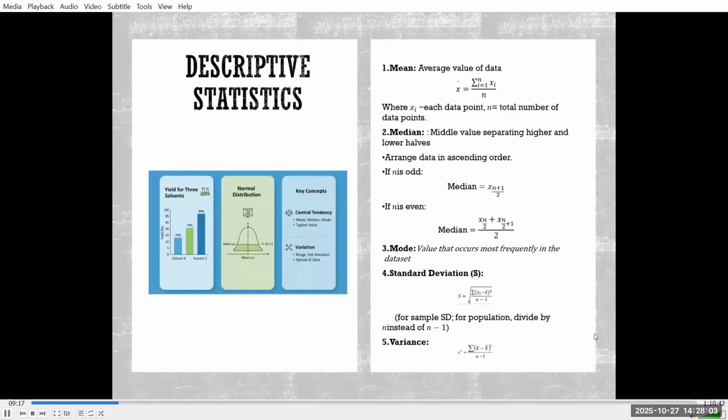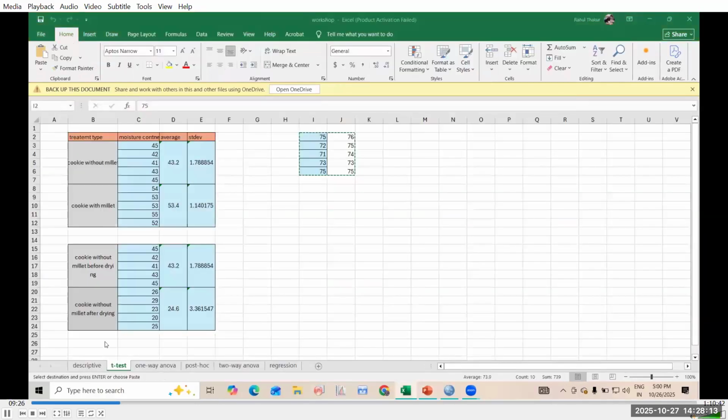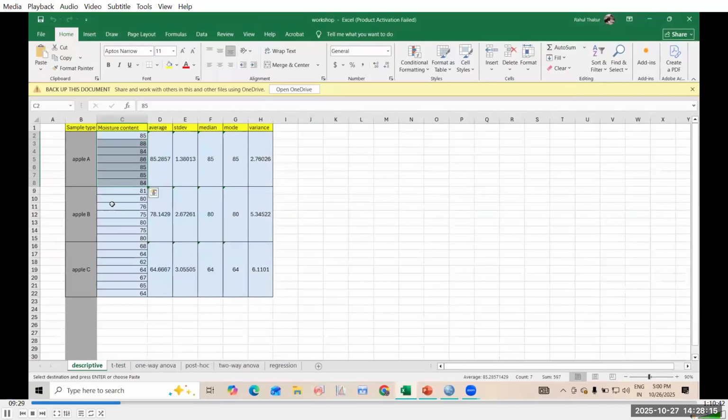Before going for it, I'll just show how, in Excel, we can show the descriptive statistics. These are the three different apple varieties and these are the different moisture contents we have taken from each variety.